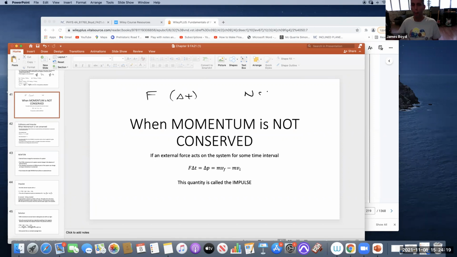Well, newtons times seconds are kilograms meters per second squared times seconds, or kilogram meters per second. A force applied for a certain amount of time causes a change in momentum. When you have an external force acting on a system, it changes the momentum of that system. In fact, it's the only way that you can change the total momentum.